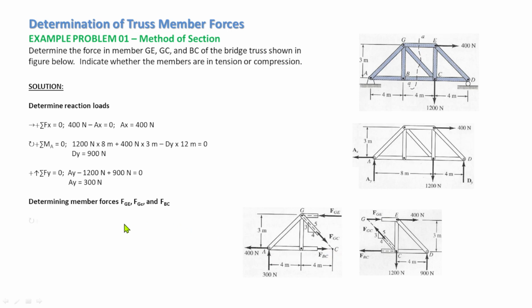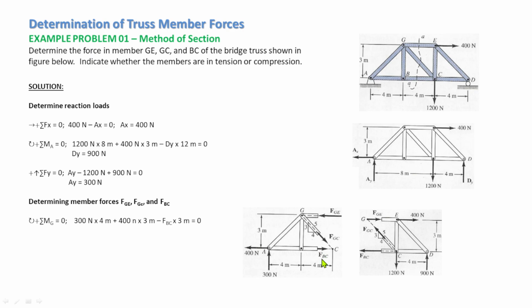So the next one is, if we sum up moment at G, we will have this unknown FBC. Then we have the vertical reaction of 300 newtons.